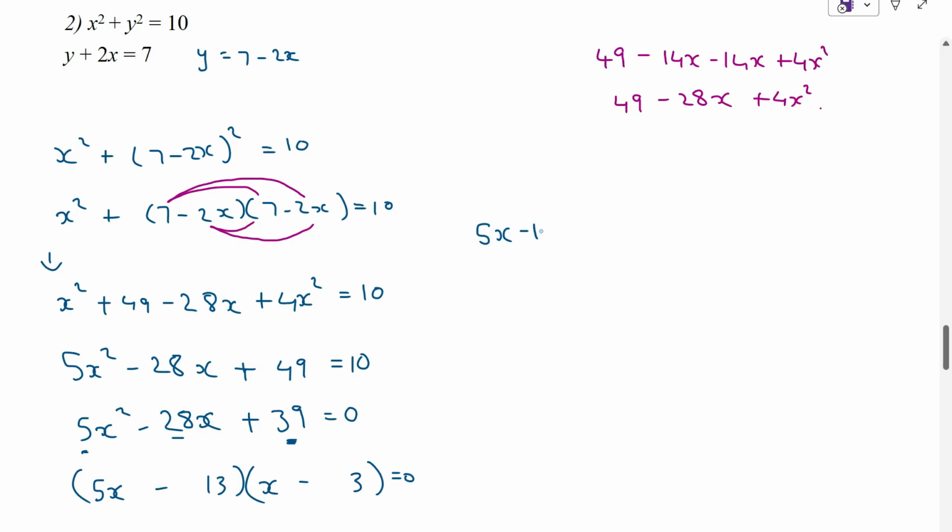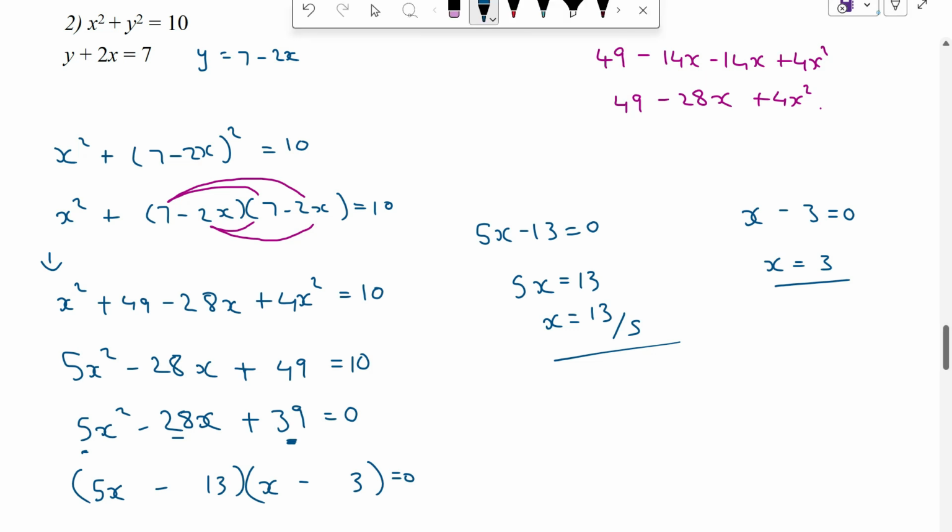So 5x minus 13 equals 0, x minus 3 equals 0, x equals 13 over 5, and x equals 3.